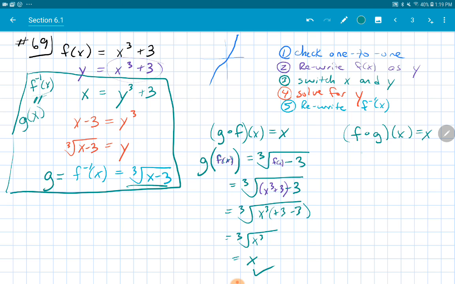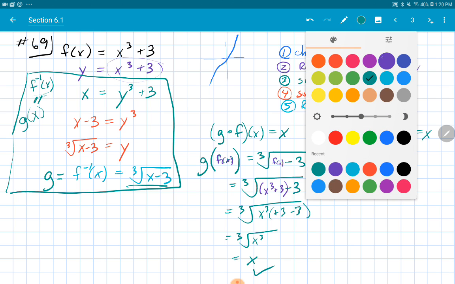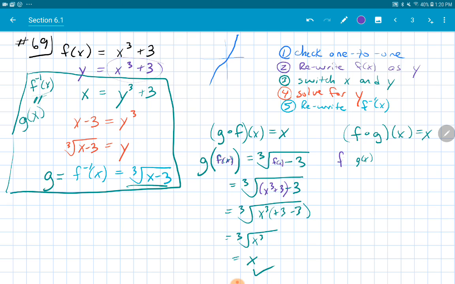So this time I'm going to put g of x on the inside and evaluate it in f of x. So f of g of x is this guy rewritten, but instead of x, I'll write whatever g of x is.